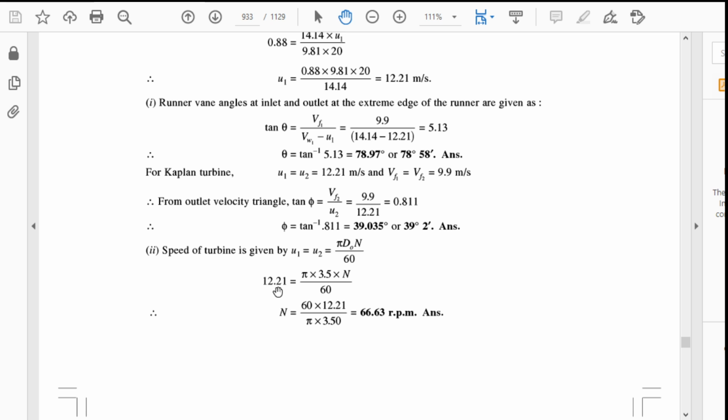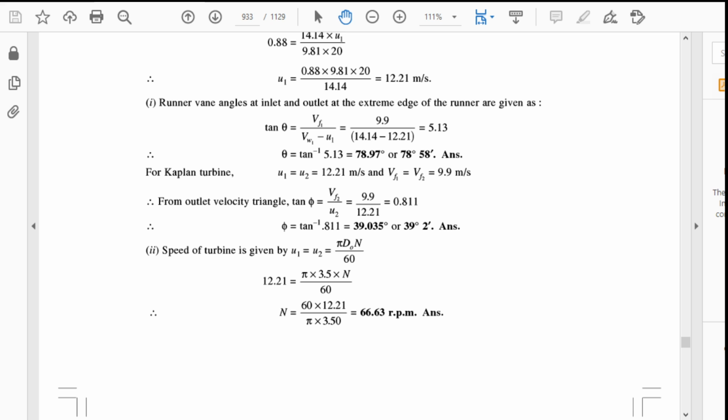So 12.21 equals pi D0 N upon 60, in which N, the speed, is the only unknown. Substitute the remaining values and you will get the speed as 66.63 revolutions per minute, which is 63.63 rpm.